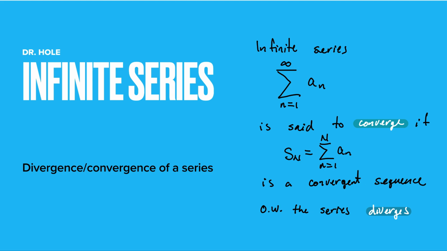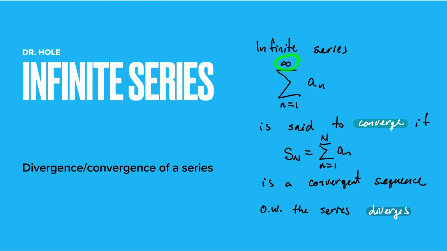But first, let's make a definition of convergence and divergence of a series. When we say series, we want to think of it as an infinite series. So what does it mean for the infinite series to converge or diverge? Well, like we saw in that example of a rectangle, we consider partial sums.